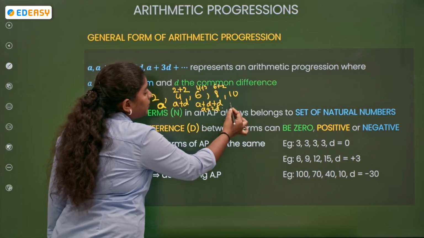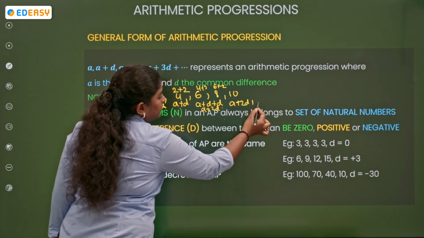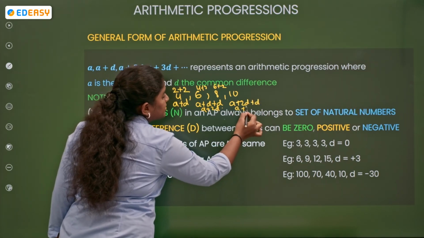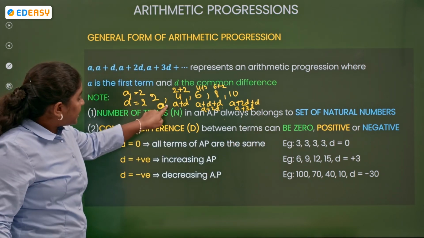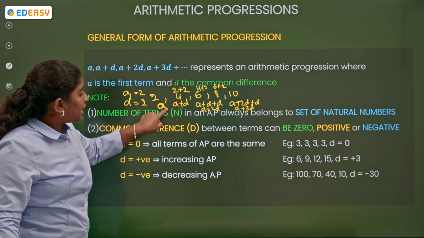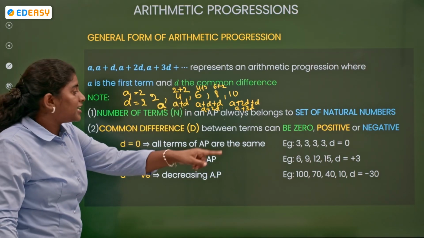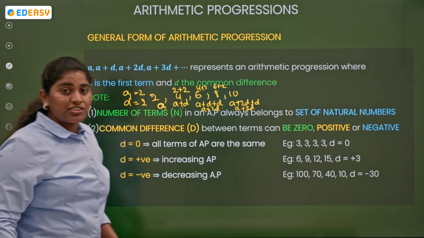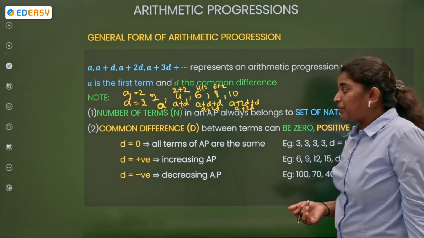So now it will become your a plus 2d plus d, which is nothing but your a plus 3d. So now what will this general form become? That is a, a plus d, a plus 2d, a plus 3d and so on. Now understood, everyone? How we will be getting the general form of an arithmetic progression?